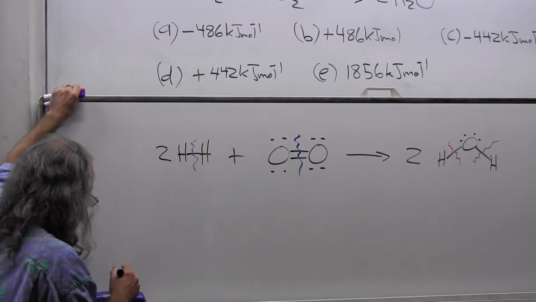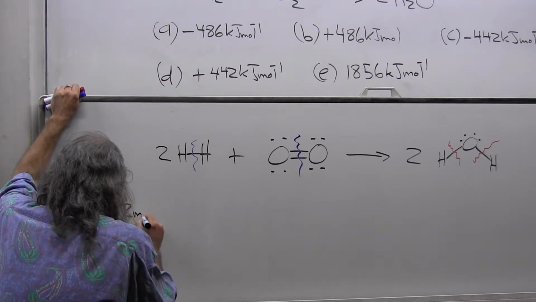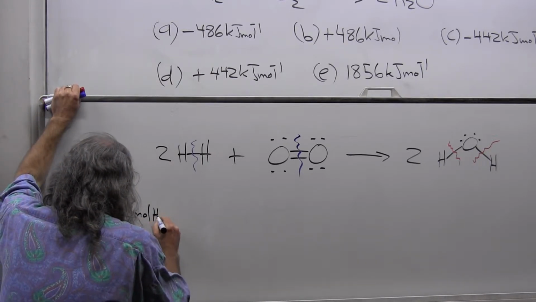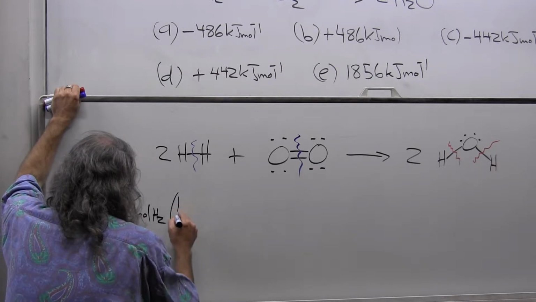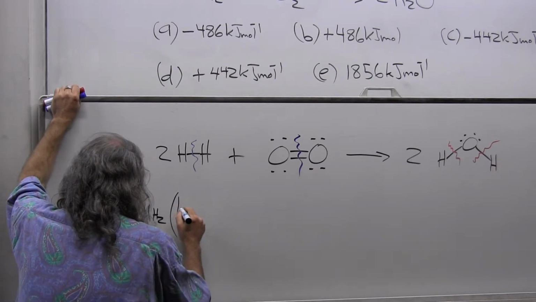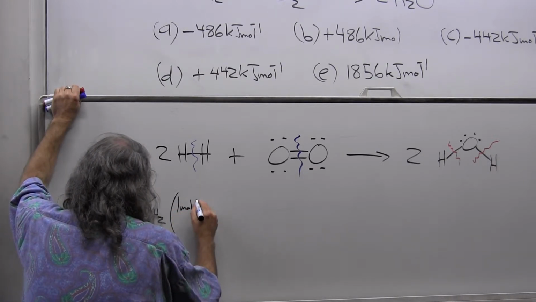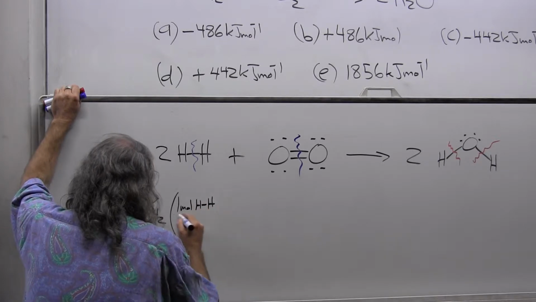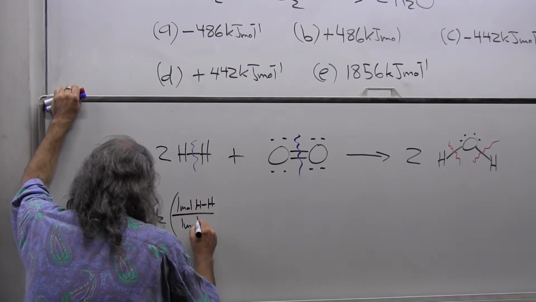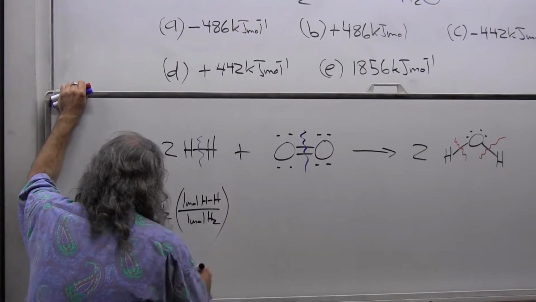So I'm going to have 2 moles of hydrogen, and there is 1 mole of hydrogen-hydrogen bonds for every 1 mole of hydrogen molecule.